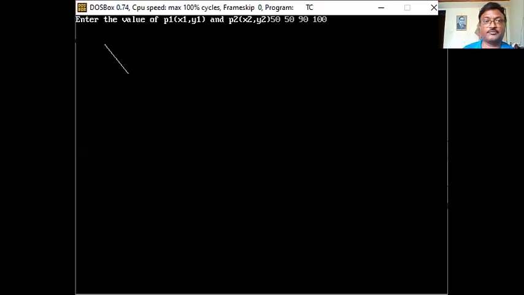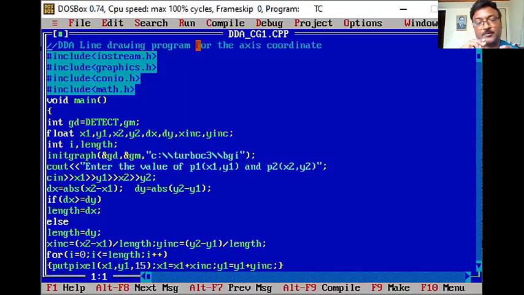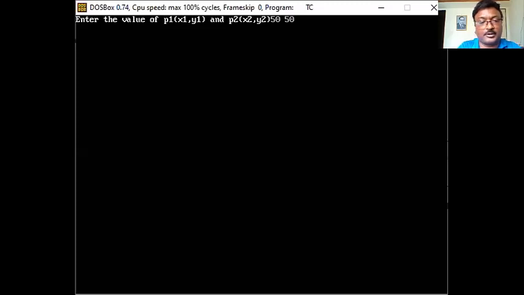Likewise you can consider other lines. Here I have used 50 50 and 90 100, but you may go for 50 50 100 80, so that slope may vary, or 100 70, suppose.